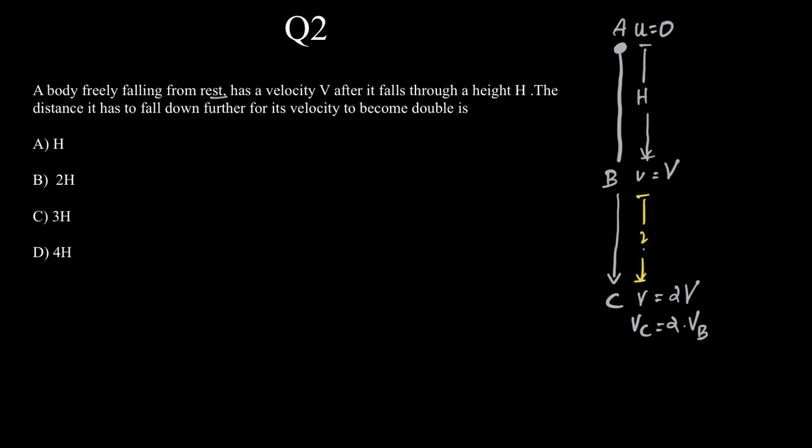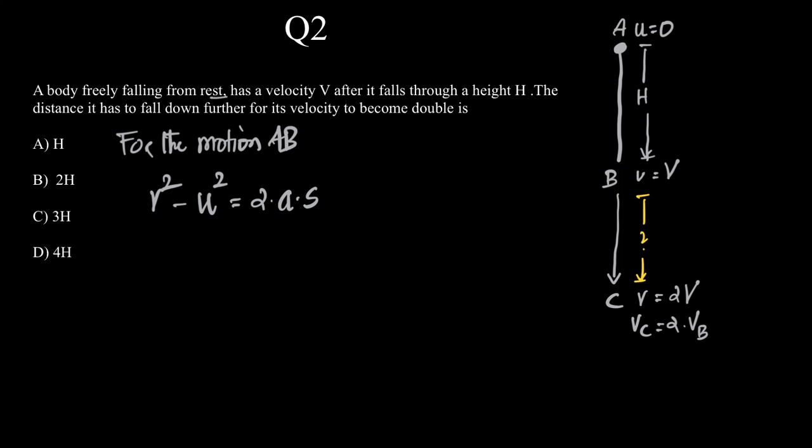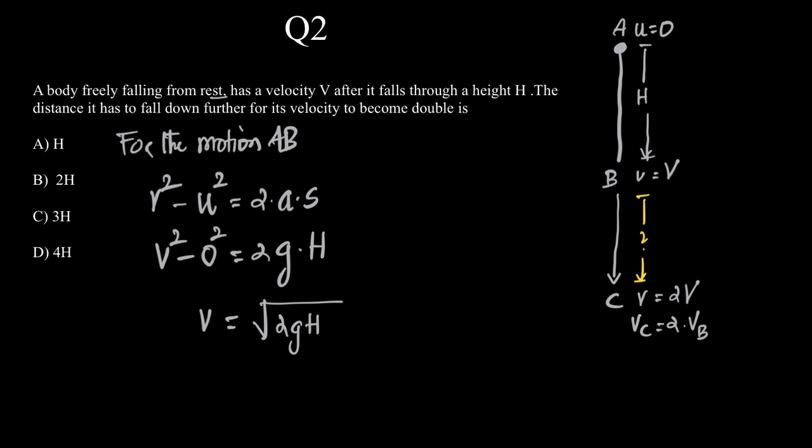Okay, so let us consider the motion along AB. We have for the motion along AB, v square minus u square is equal to 2as. So u square is 0, so v square minus 0 square is 2 into g, and s is given to be h. So we can say that v is equal to root of 2gh. Now what is v?